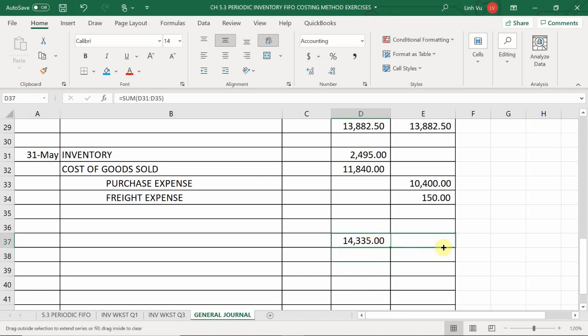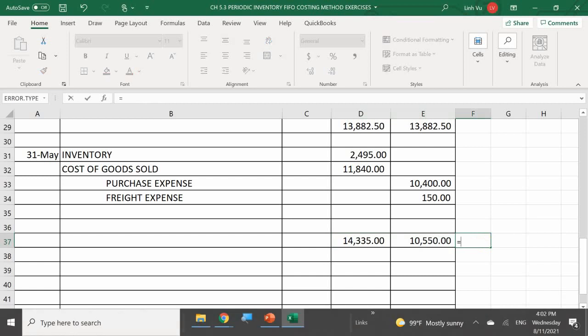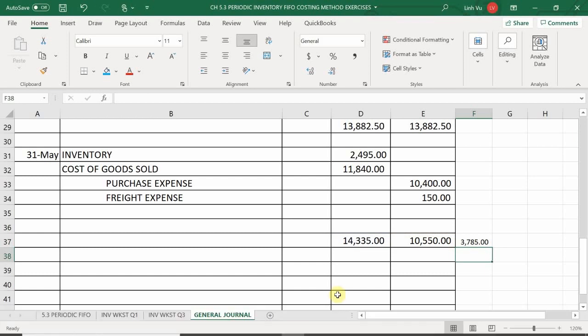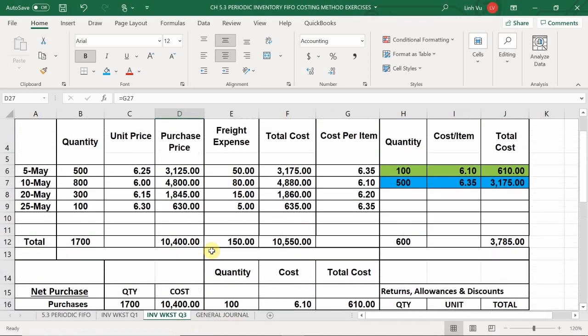For practice purposes, make sure you know that the top one will always be your ending inventory, the first one you journalize, while the last thing you journalize is your beginning inventory.